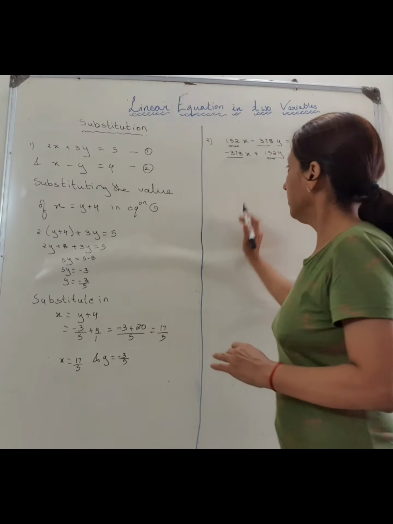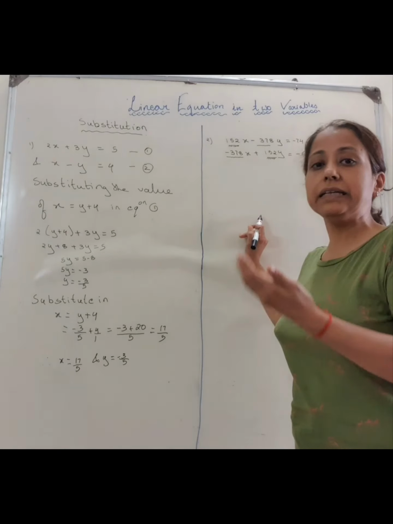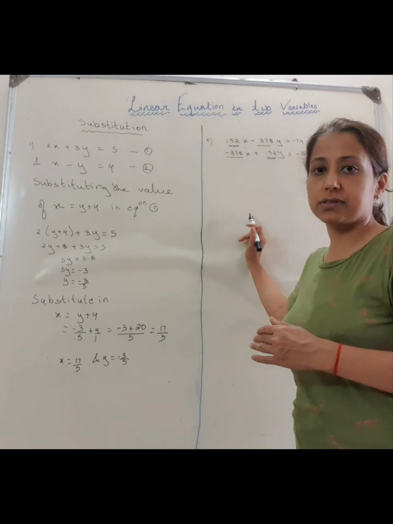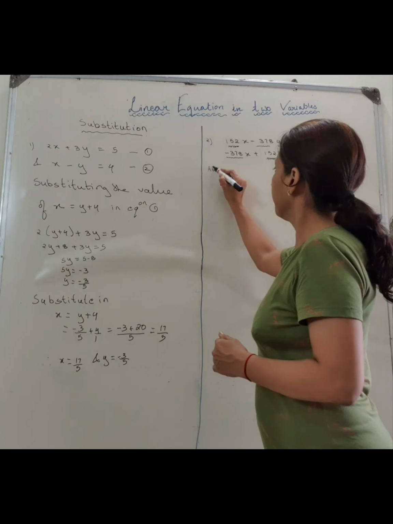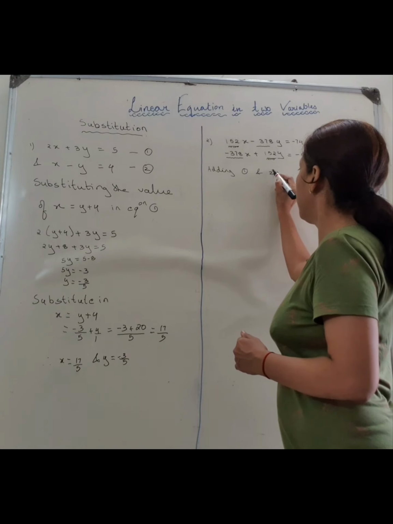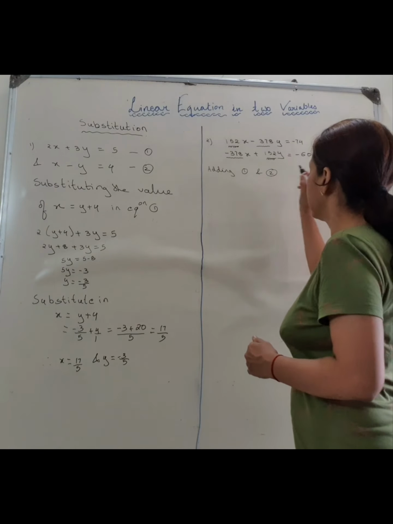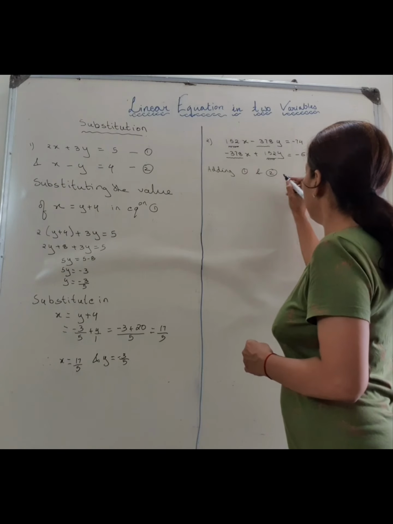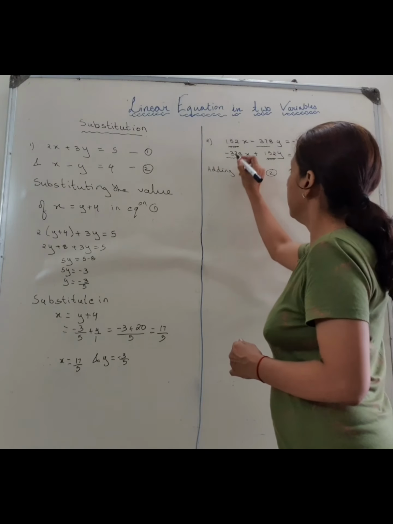The method says that you have to first add and subtract and get two new equations where you will find the coefficients have been reduced. So I am adding 1 and 2. So step 1 is to add both the equations. When I add equation number 1 and 2, what will I get?